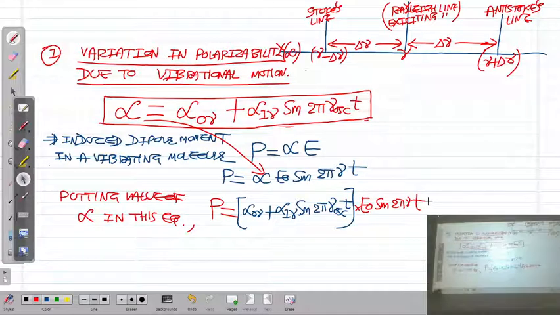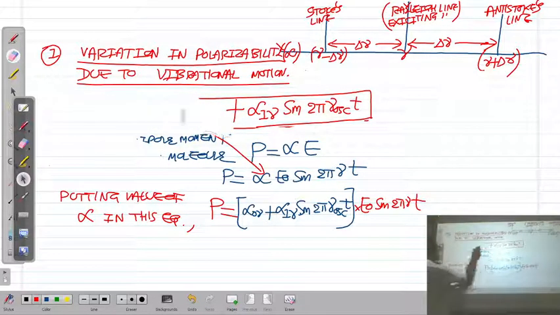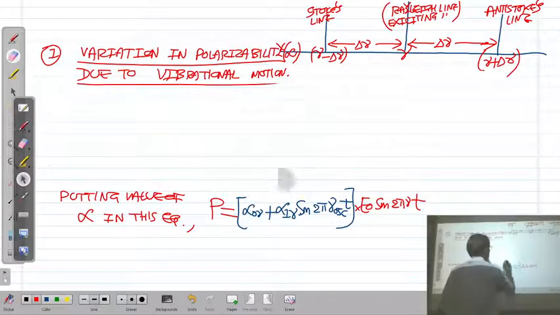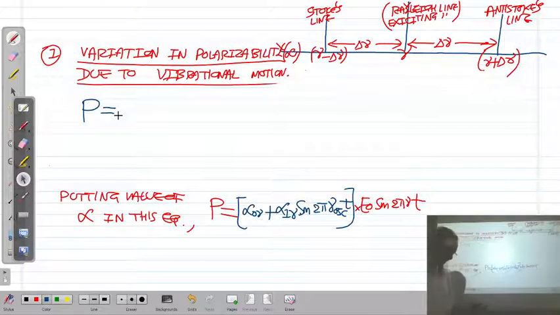Okay. So now you will get the induced dipole moment in a vibrating molecule.